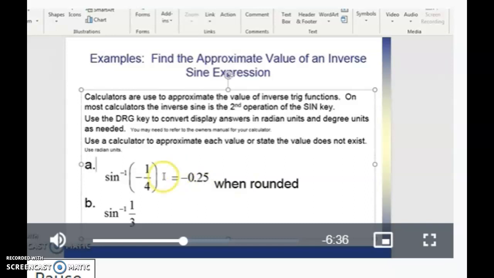On a few calculators you have to enter the negative 1/4 first, and then the second function followed by the sine button. So see what your calculator requires to get this correct answer. This answer is in radians.